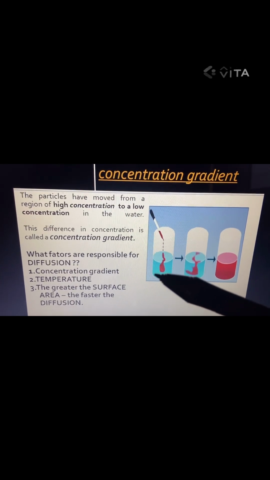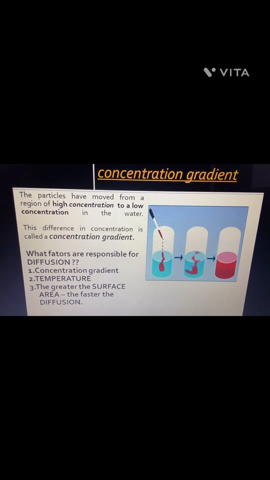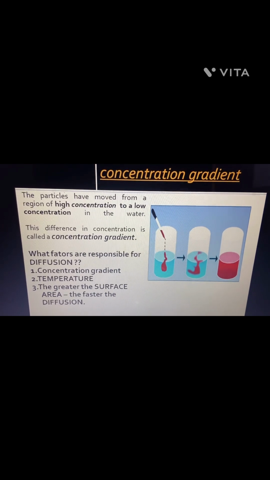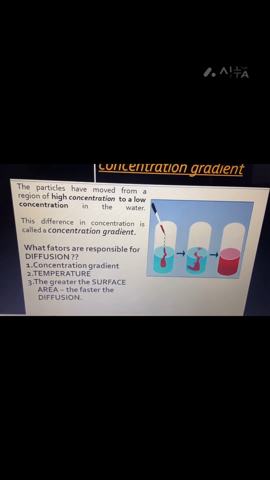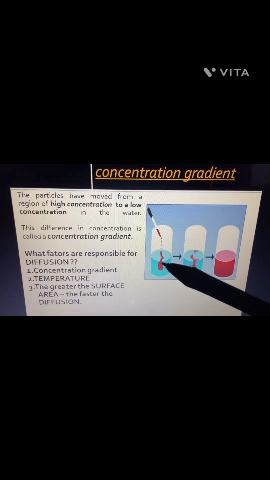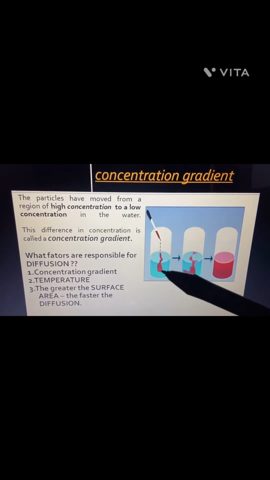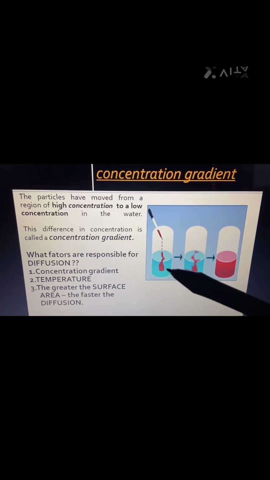So what factors are responsible for diffusion? First factor is concentration gradient. If the particles are moving from high concentration to low concentration, the concentration gradient is a very important factor responsible for diffusion.